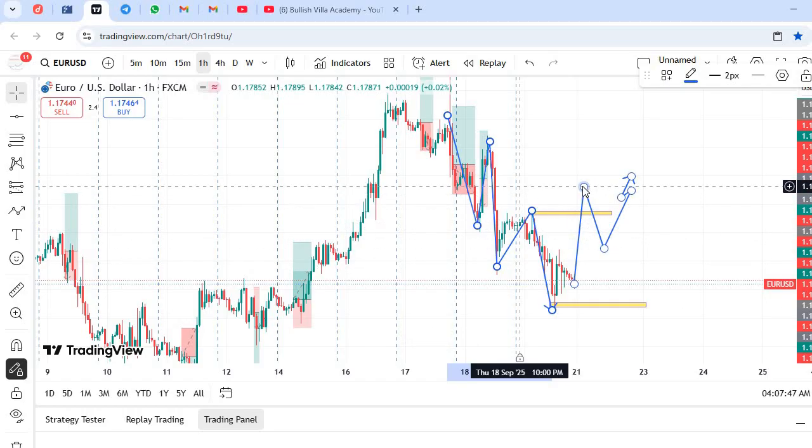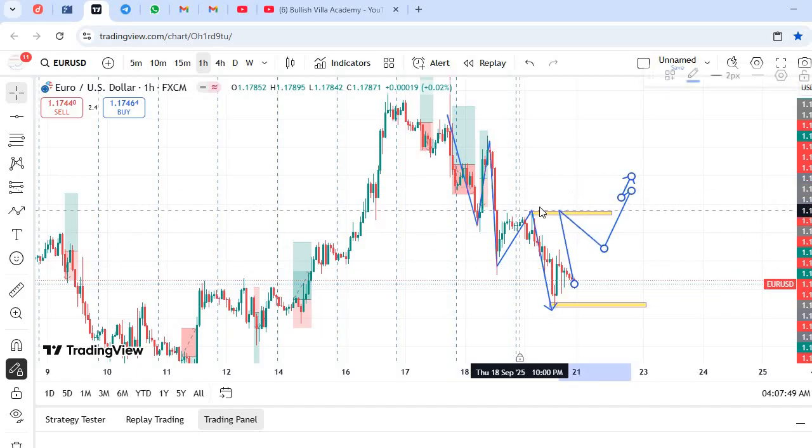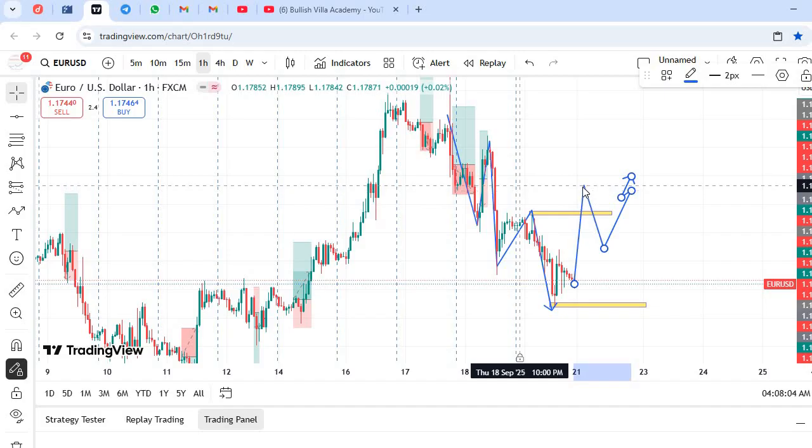Don't forget, this price must take out this last high. You understand? The price must take out this last high. If it gets here, that means I won't be able to take a buy unless the price takes out this last high, breaks it. But in case it gets here and doesn't take it out, that means it's still weak.